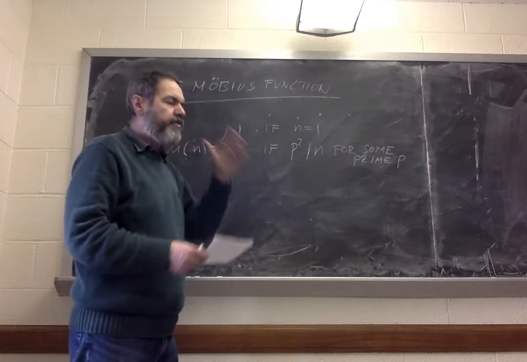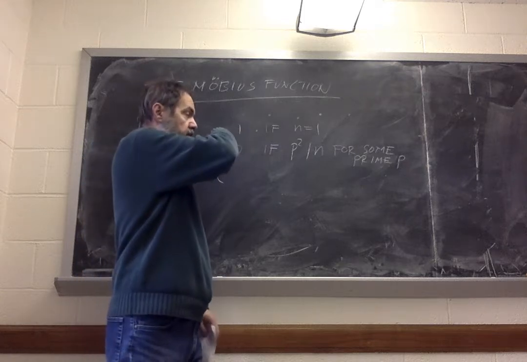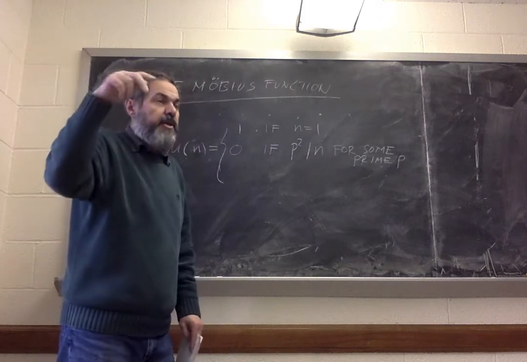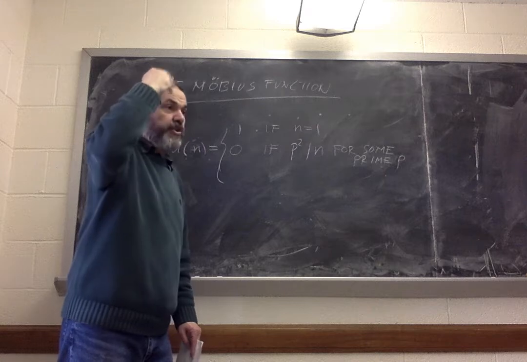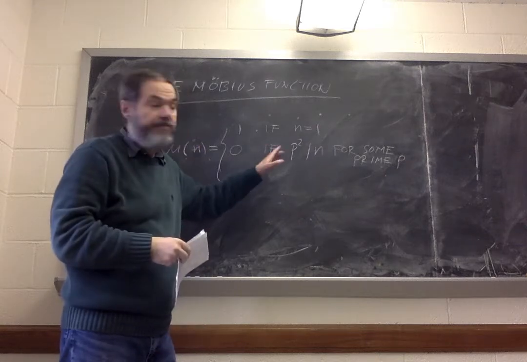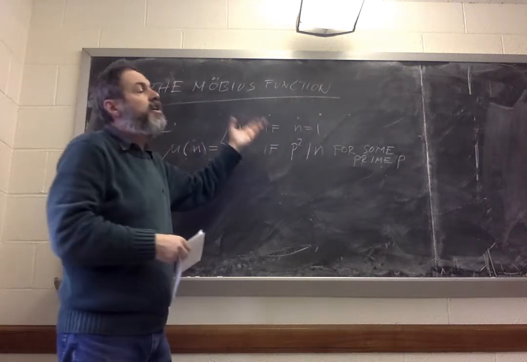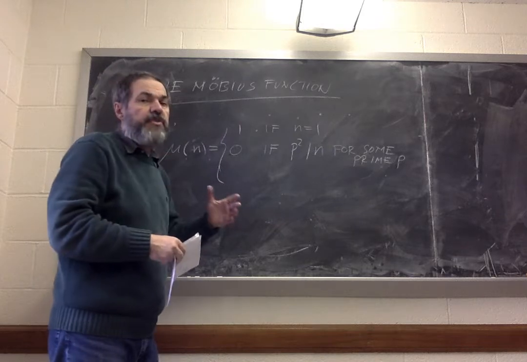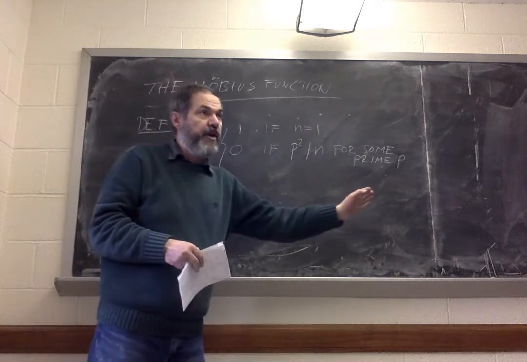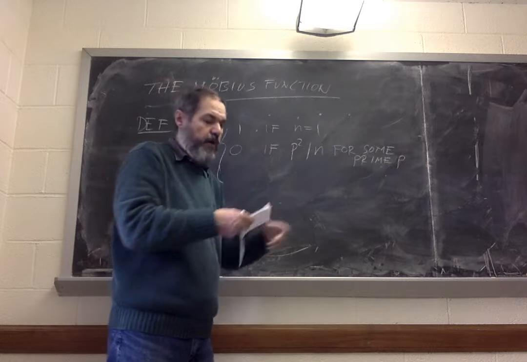So if I think about the prime factorization of the number, it cannot have any exponents larger than 1, because then the Mobius function will be 0 by this second condition. So then the number will simply be a product of distinct primes, each one appearing with exponent exactly 1.